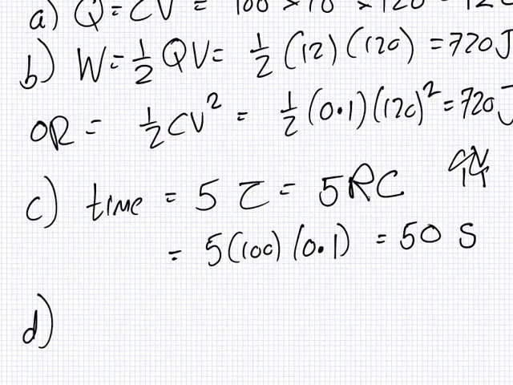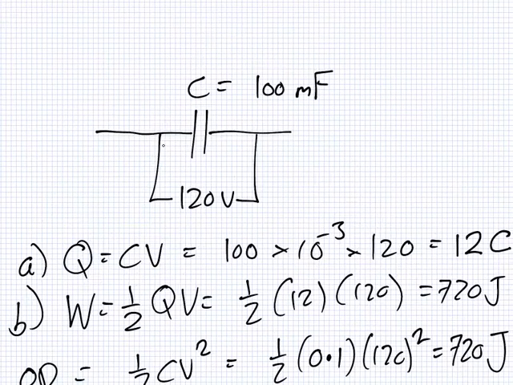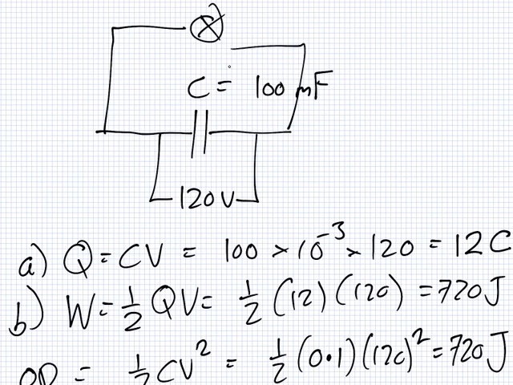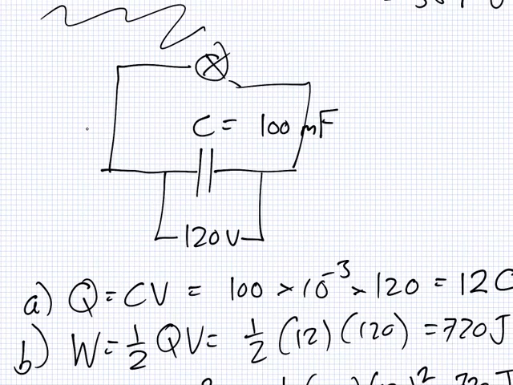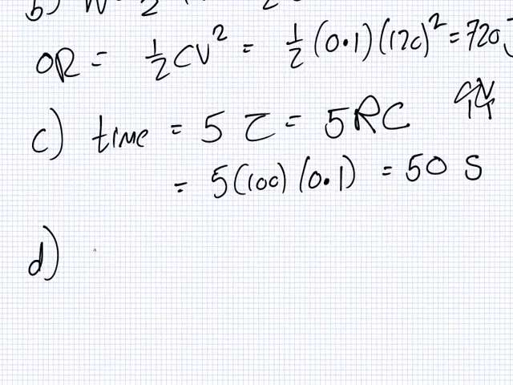And lastly, guys, look up. What's happening here is the capacitor is discharging through a light, and the light is giving off work. So my last question is, what's the power? What's the formula for power? IV.